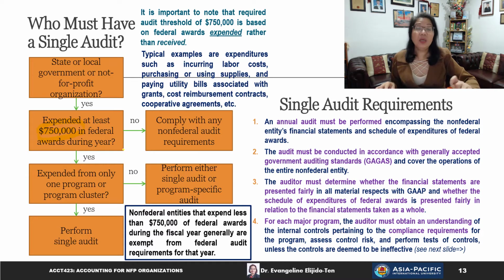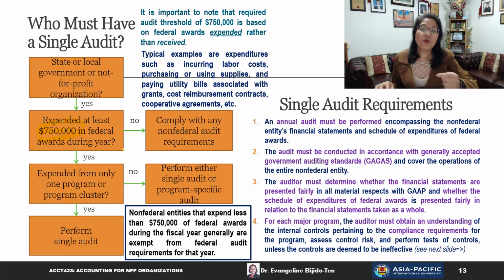Number three, the auditor must determine whether the financial statements are presented fairly in all material respects with GAAP and whether the schedule of expenditures of federal awards is presented fairly in relation to the financial statements taken as a whole. All right.